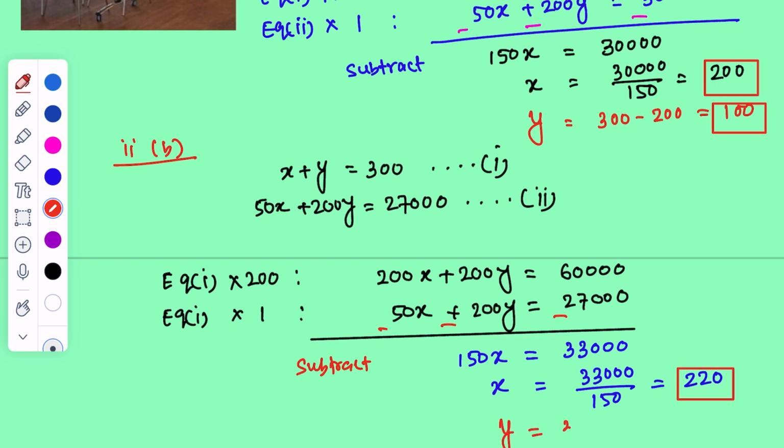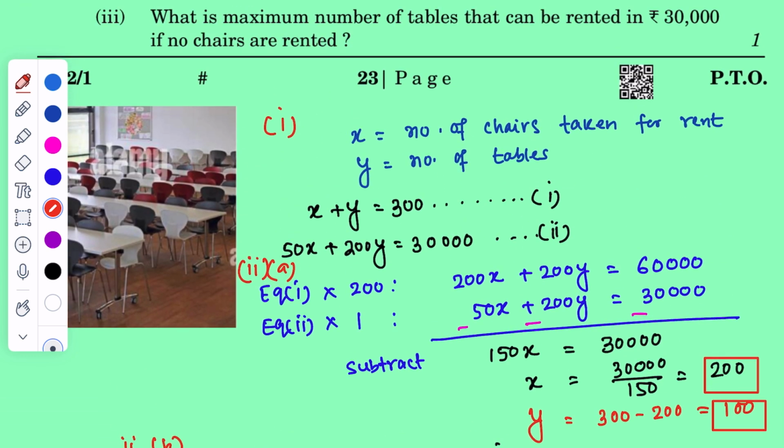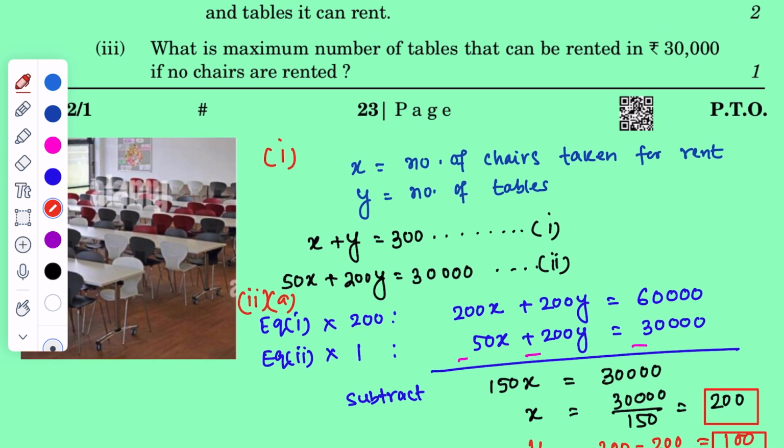So the number of tables y will be 300 minus 220, that is equal to 80. This was part B.